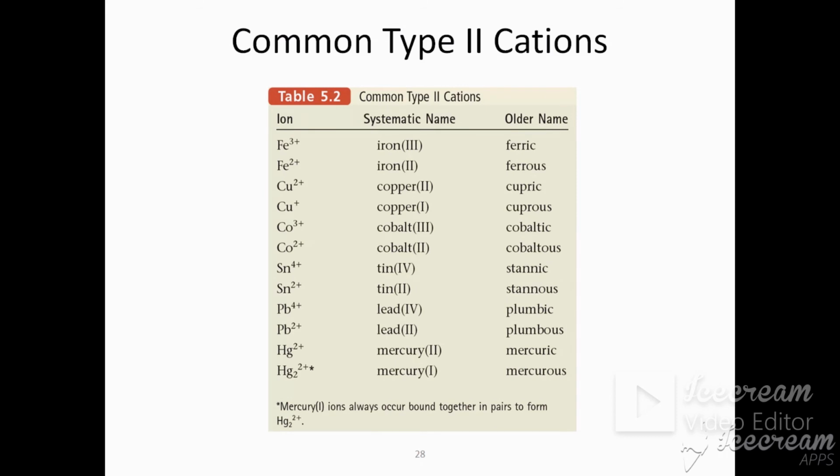Common type 2 cations. Here are examples of cations. Mercury ions always occur bonded together in pairs to form Hg2 2+.